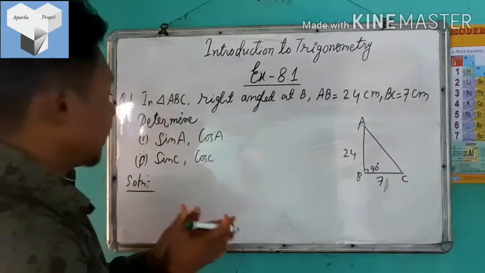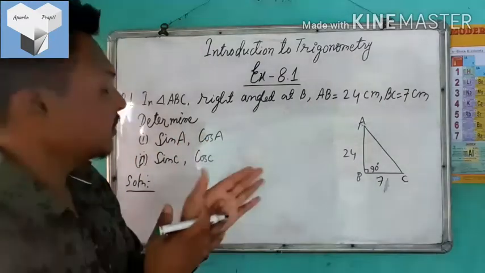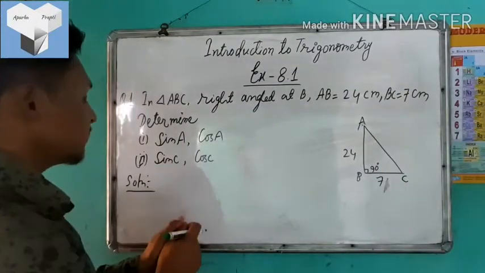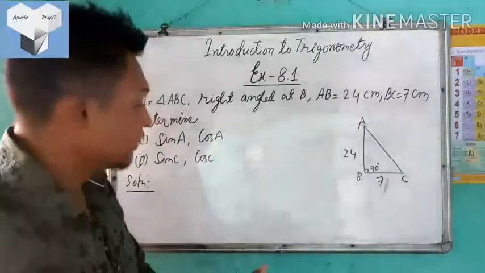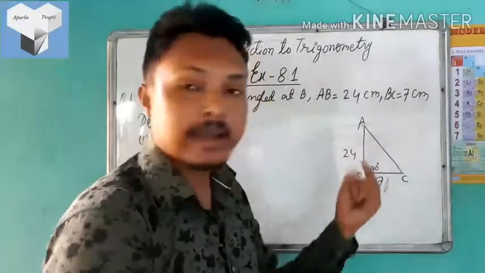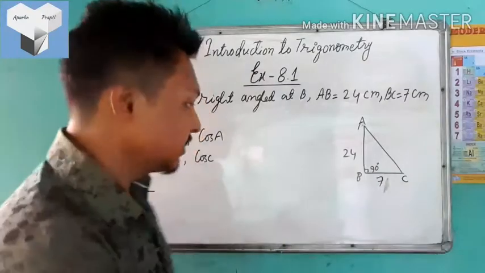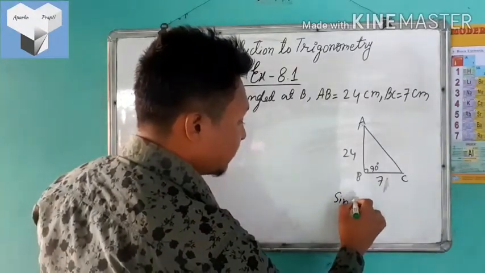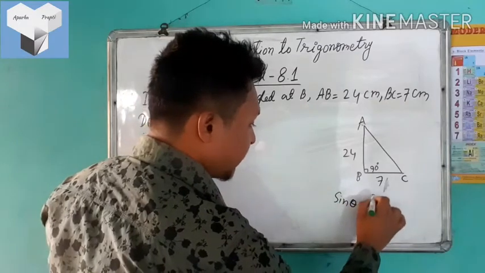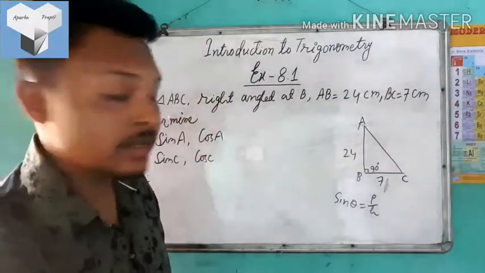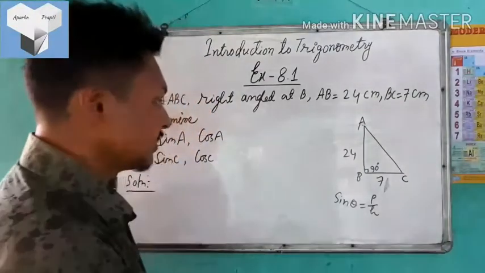Guys, before solving, I would like to remind you one more thing, that in finding the sine ratio of angle A, we need perpendicular and hypotenuse, because we know the sine ratio of any angle theta is P by H. P means perpendicular and H means hypotenuse, isn't it?